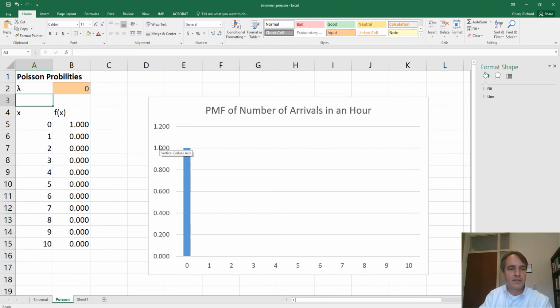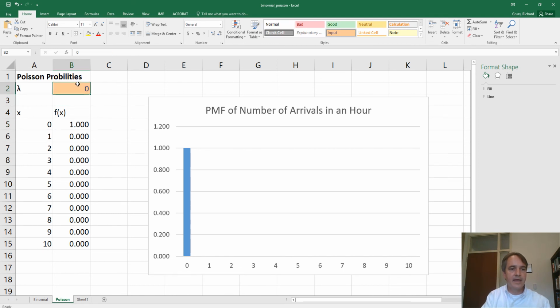For example, you can see that in this column, I'm calculating the Poisson distribution for this number of arrivals. So the probability of this number of arrivals given this mean, this lambda, this average rate of arrivals, and then putting in false for the PDF.